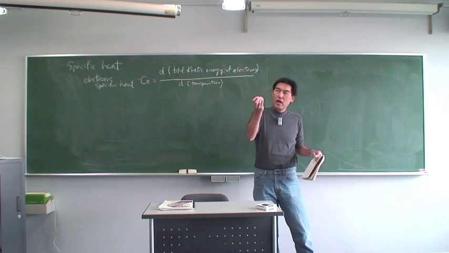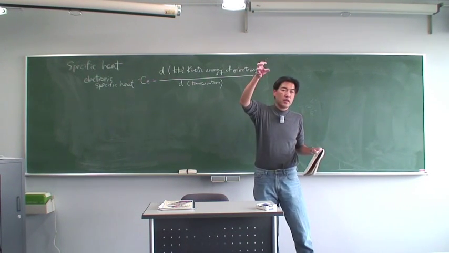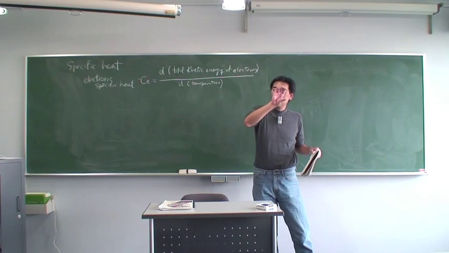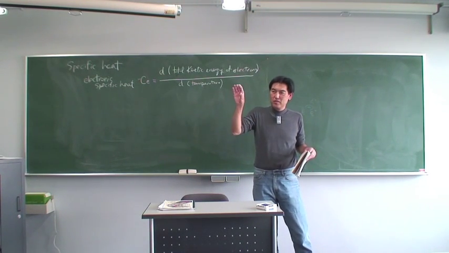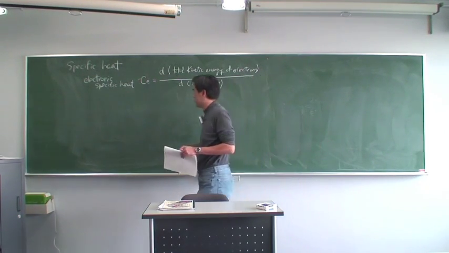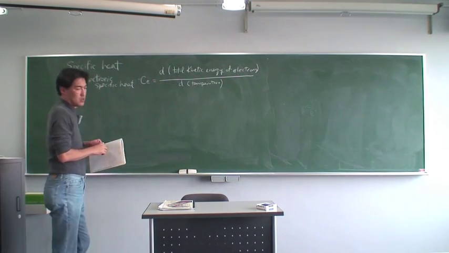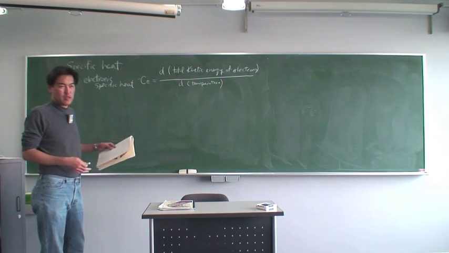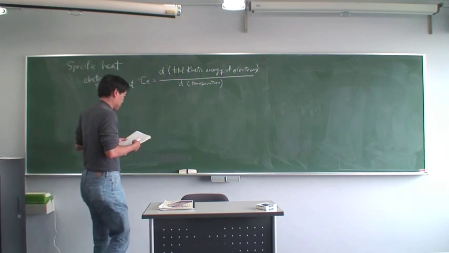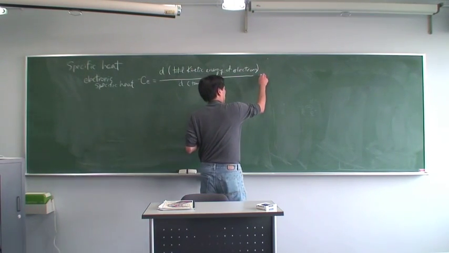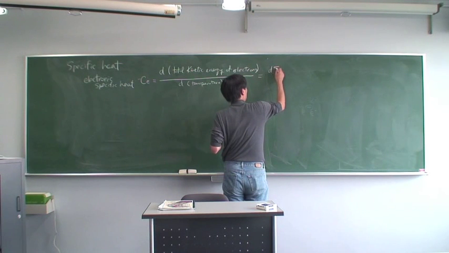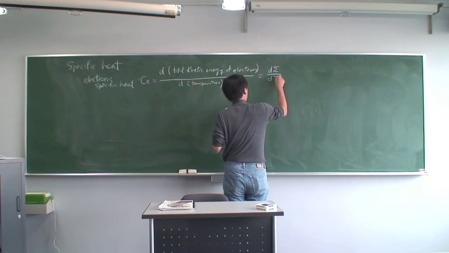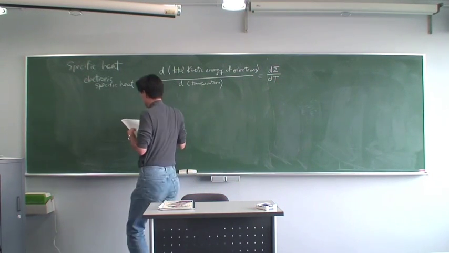How far up electrons can go depends on density of states, right? So really, this property is connected strongly to the density of states. And for the time being, I said this is dE/dT. Okay?